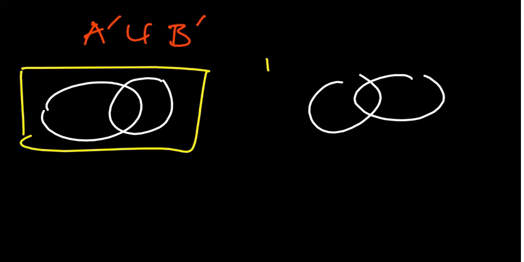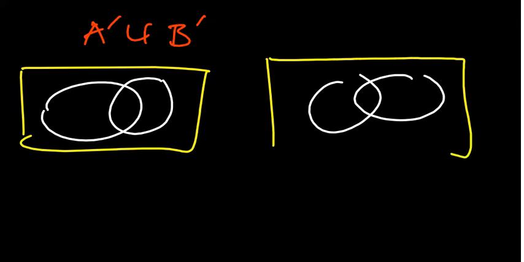So what you do here is, of course, you're considering the two sets again. So these are sets A and B respectively. We've already talked about what the complement is. It means the set outside the given set.